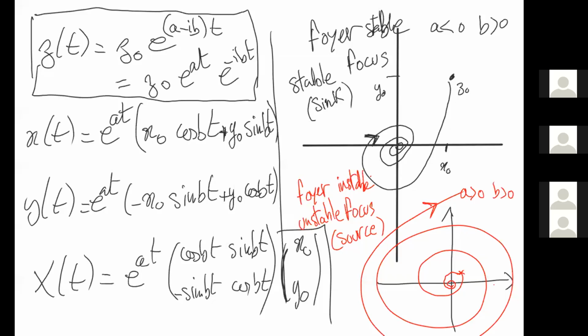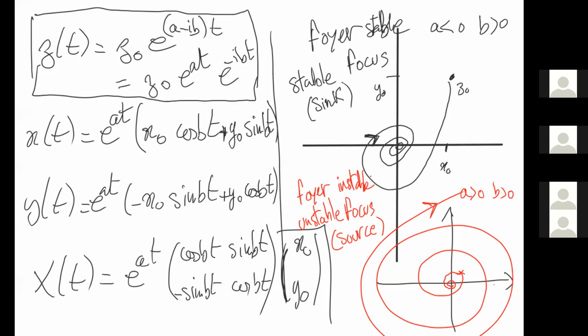So in the case A negative, we have a stable focus, which is a sink. And in the case A positive, you have an unstable focus, which is a source. So stable nodes and stable focus are sinks.